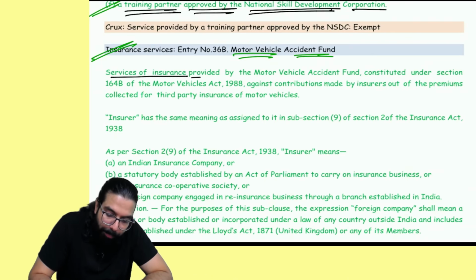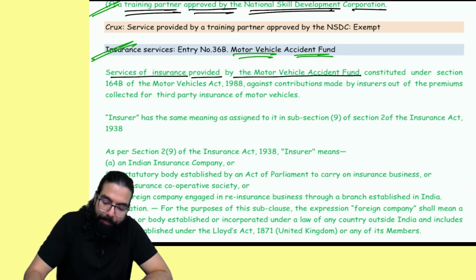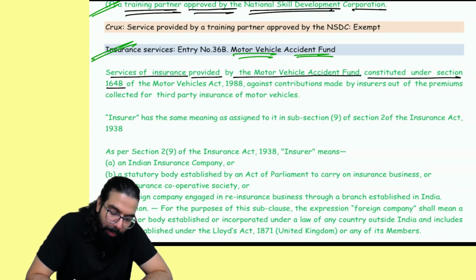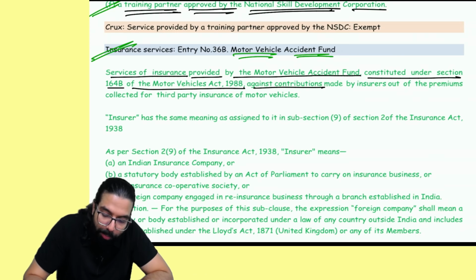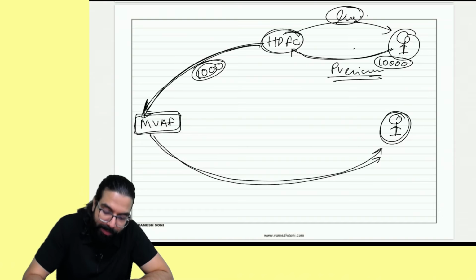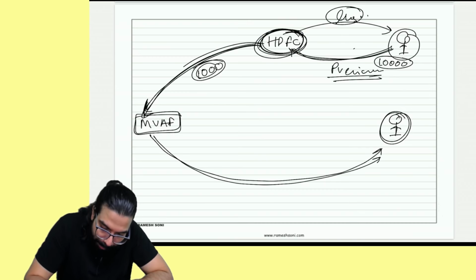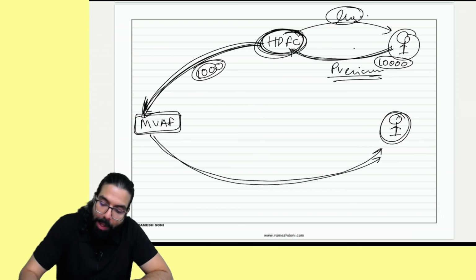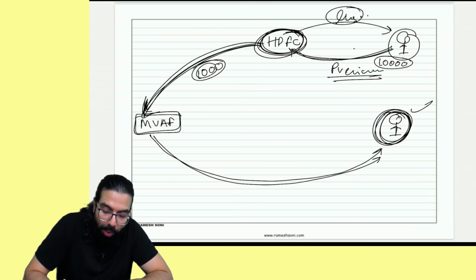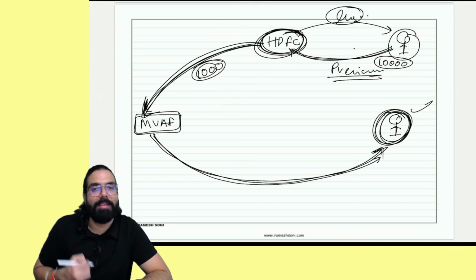Services of insurance provided by motor vehicle accident fund constituted under section 164B of the Motor Vehicles Act against contribution made by insurers out of the premium collected for third party insurance. Sir, HDFC and these people collect premium. From this premium, the money is given to the motor vehicle accident fund. Whenever any person hits somebody and runs away, money is given to this person by the motor vehicle accident fund.